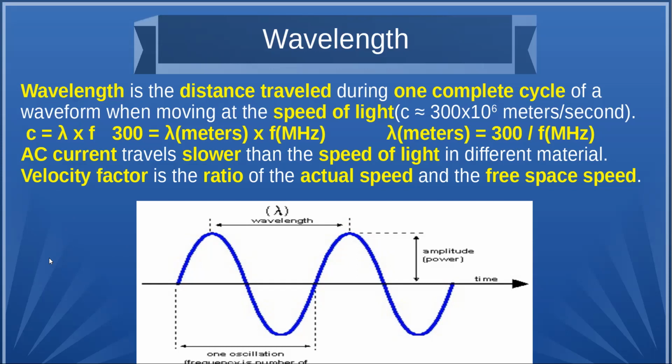Because when we talk about antennas, typically you're going to talk about a quarter or half a wavelength. So they use that one because a lot of people like to deal in inches. But if you do it in meters, it's easy to convert. Remember, just assume 40 inches per meter.